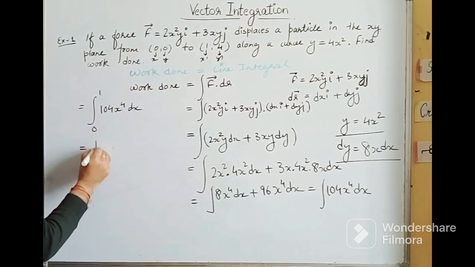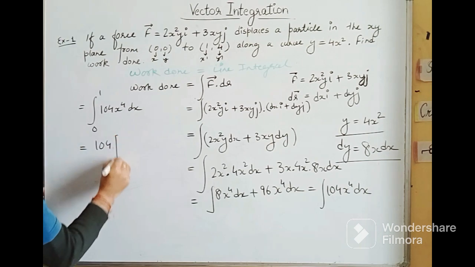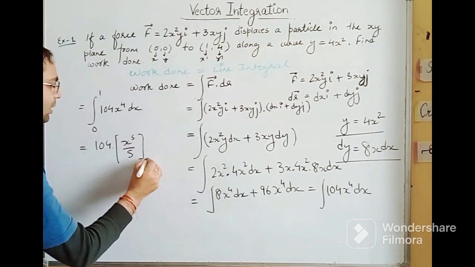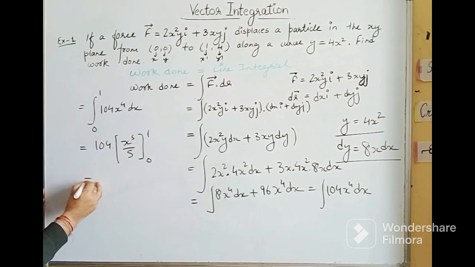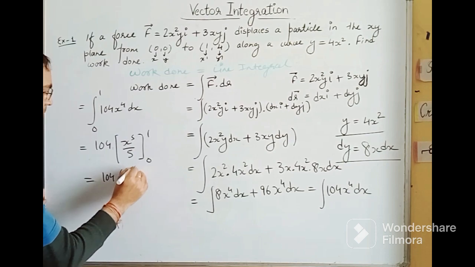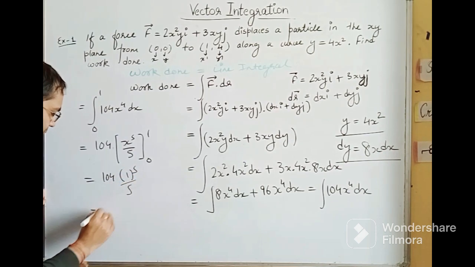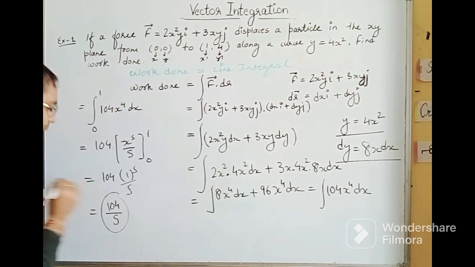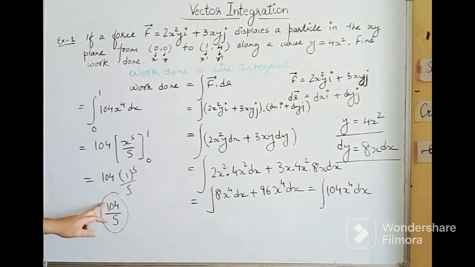Let's integrate: 104 x to the power 5 by 5 with limits 0 to 1. Substituting the limits, this will be 104 times 1 to the power 5 upon 5, which is 104 upon 5. So the work done is 104 upon 5 units.